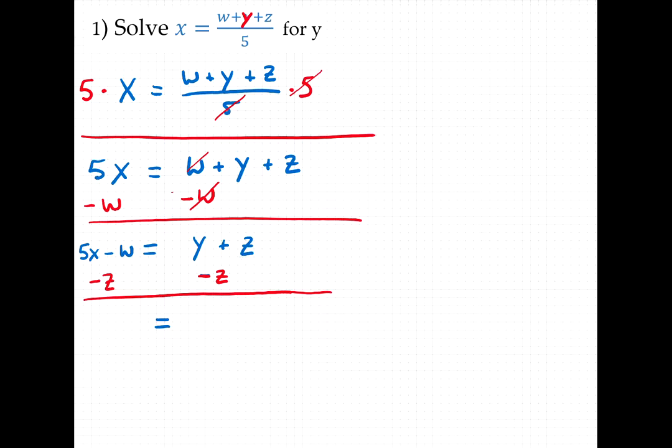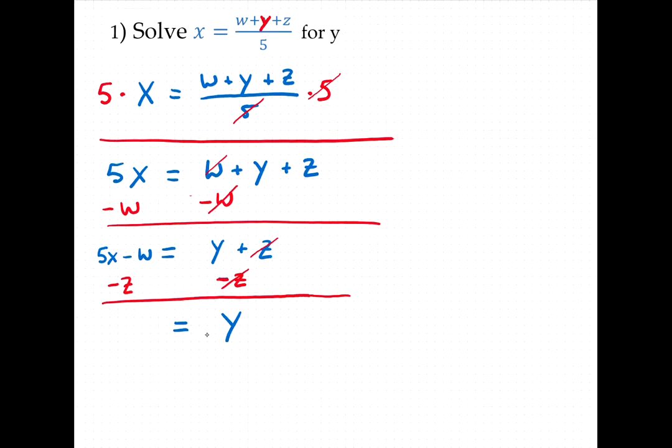On the right-hand side, the plus z and the minus z cancel, leaving us with the y. And on the left, we have a 5x, we have a minus w, and we have a minus z. And we've finished the problem because we have solved for y, or we have isolated the y.